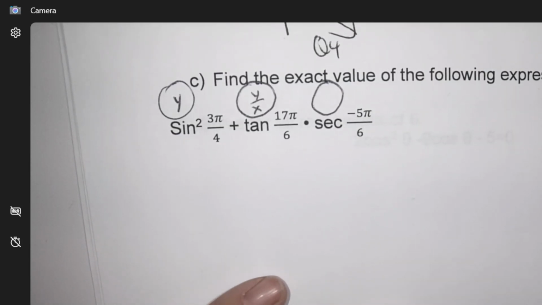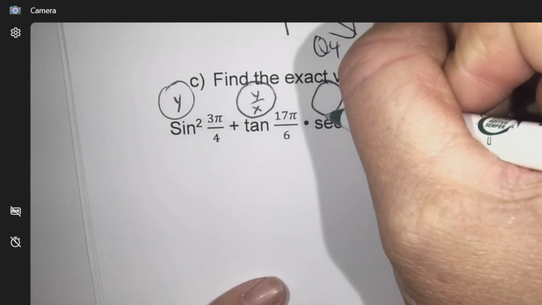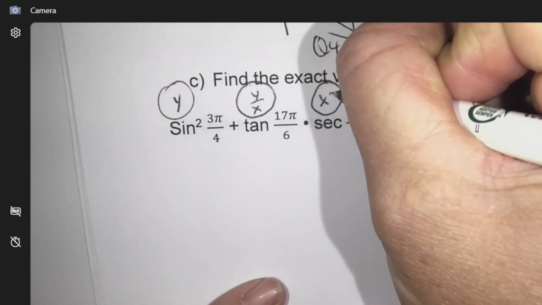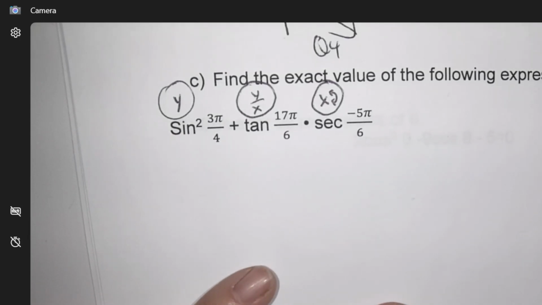And secant is the opposite of the cos, so we're going to do x flipped.